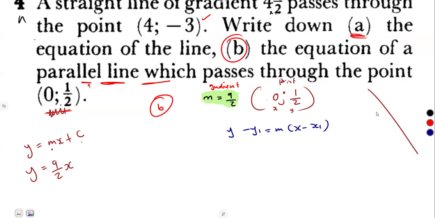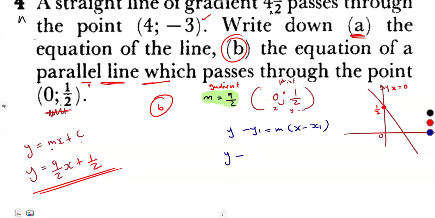Remember the y-intercept, guys, on the y-axis, where x is equal to 0. So whenever you have a point like this, where x is 0, this other value is your y-intercept. The graph crosses the y-axis at 1 over 2. So you can simply write that 1 over 2 direct. This is our equation.